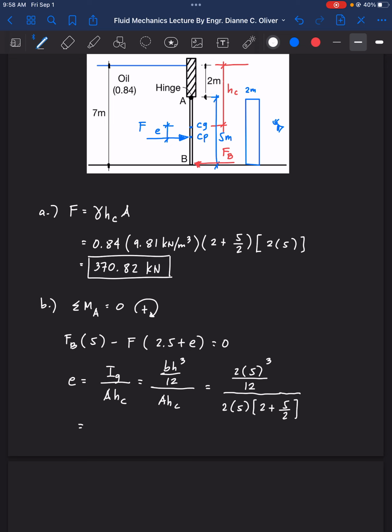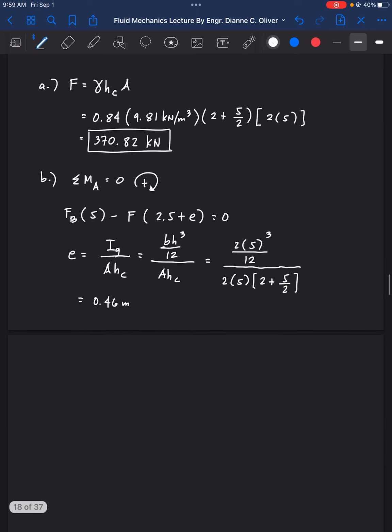Okay, so what's the value for E? So that is 0.46 meter.